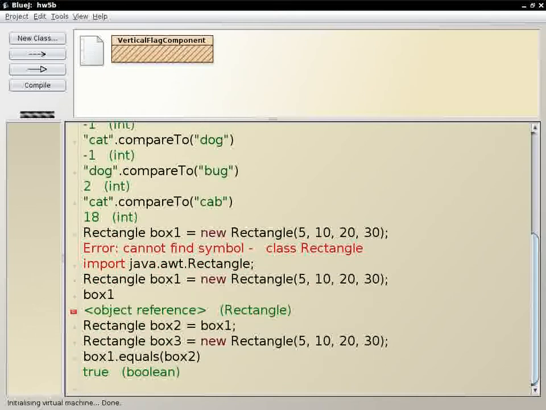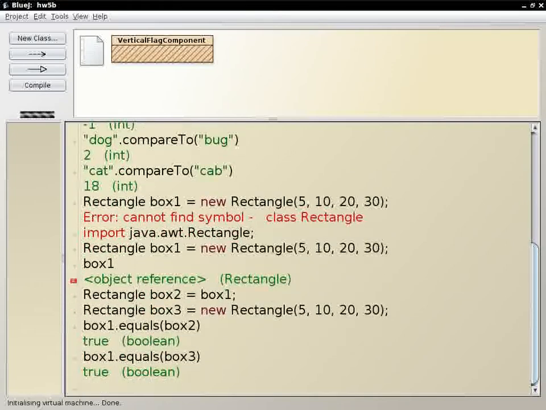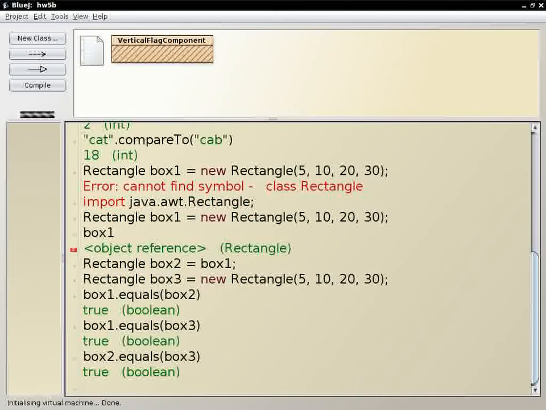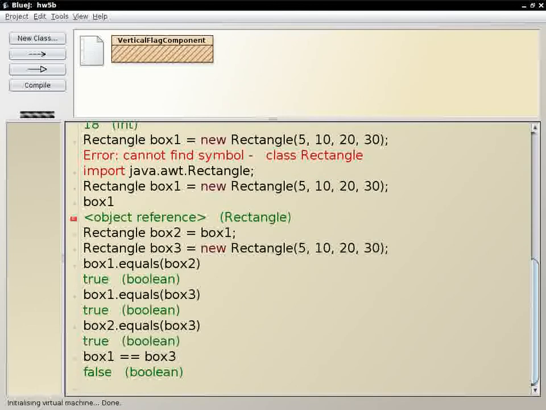They, after all, have the same numbers in it. Is box 1 the same as box 3? And indeed it is. Is box 2 the same as box 3? And they sure are. But now let's try the same thing with equal, equal. Is box 1 the same thing as box 3? And the answer is no, because they're distinct objects.